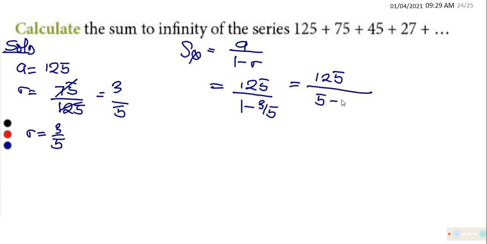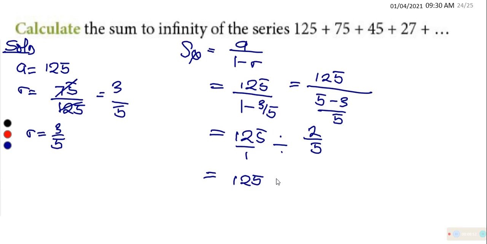So that will give us a, which is 125 over 1 minus 3 over 5, which is 125 over 5 minus 3 over 5, and that will give us 125 divided by 2 over 5, which is 125 times 5 over 2.